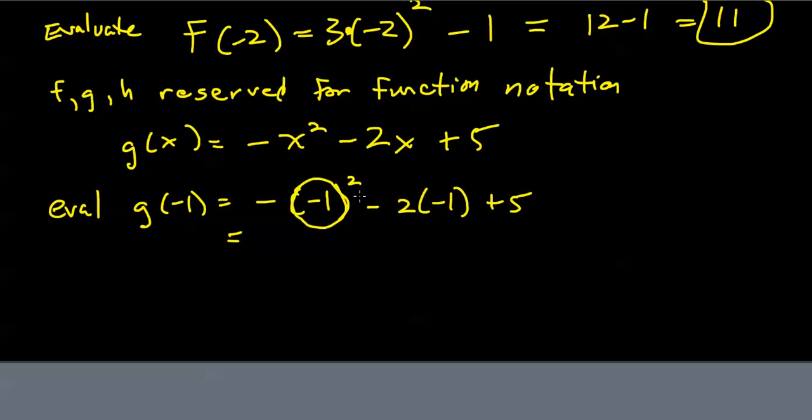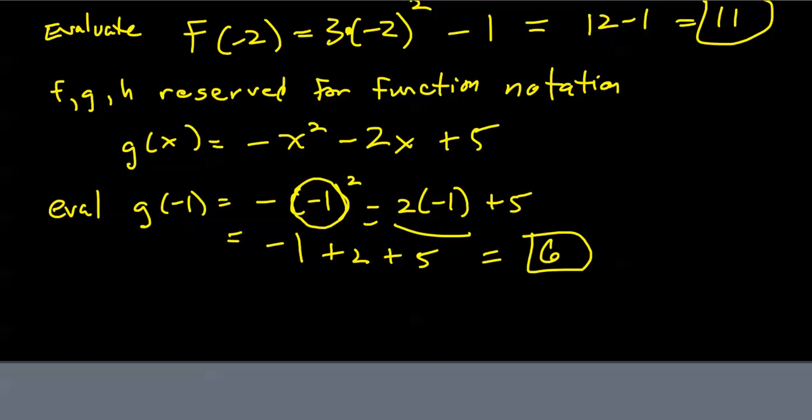Minus 1 squared is 1, and negative 1 is negative 1. Minus 2 times minus 1 is negative 2, and minus 2 is plus 2. And of course, add 5 as the last step. So minus 1 plus 2 plus 5 is, of course, 6.